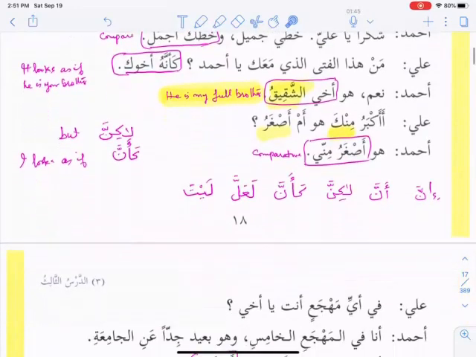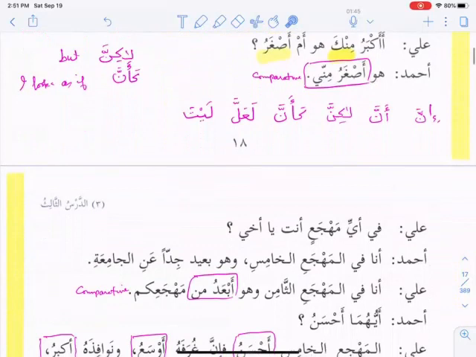That is the translation. Now Ali is asking, fi ayyi mahja'in anta ya akhi? Dormitory. You know the university, we have dormitories where students live. In which dormitory do you live, oh brother?